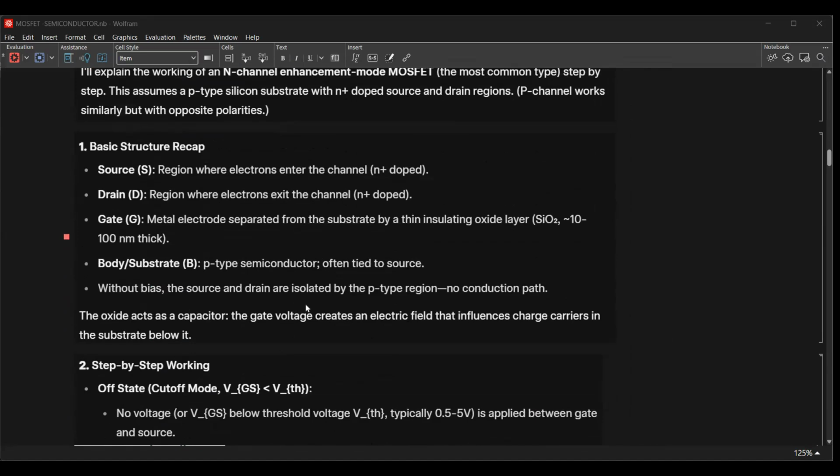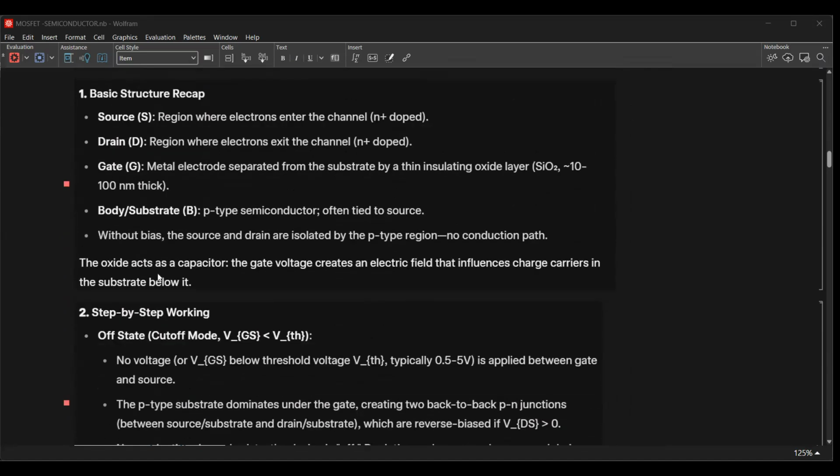Without bias, the source and drain are isolated by the P-type region, with no conduction path. The oxide acts as a capacitor. The gate voltage creates an electric field that influences charge carriers in the substrate below it.